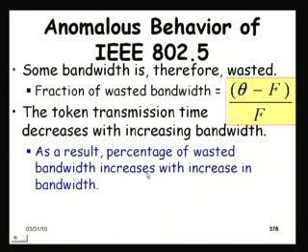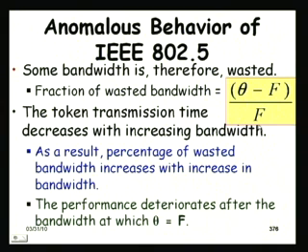And the percentage of wasted bandwidth increases if we keep on increasing the bandwidth and f drops, right. The value of f keeps on dropping and (theta minus f) by f becomes larger and larger. So, the performance of the protocol deteriorates after the bandwidth at which the propagation time becomes equal to the frame transmission time. That we had shown with a line there, after which it started dropping.